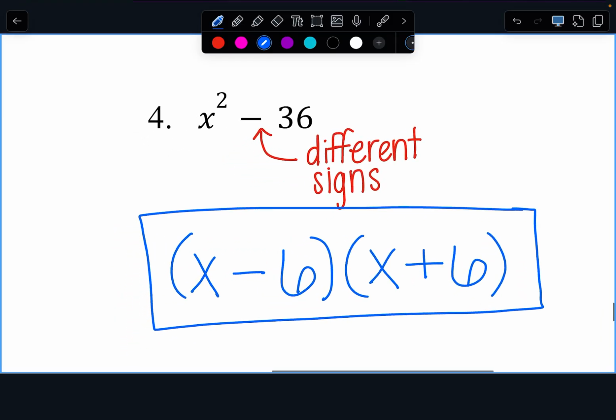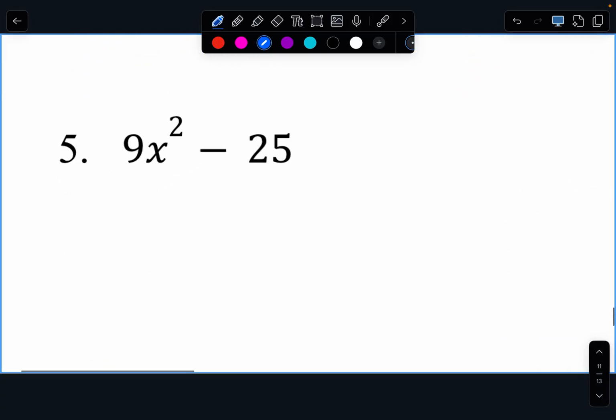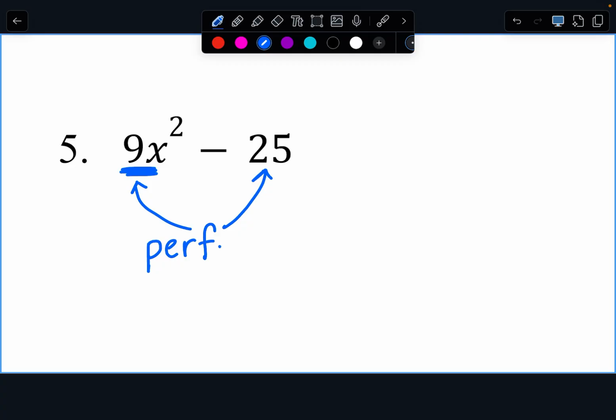Now, what if we have a number in front as well? Ask yourself, is this a perfect square as well? Both of these are perfect squares.